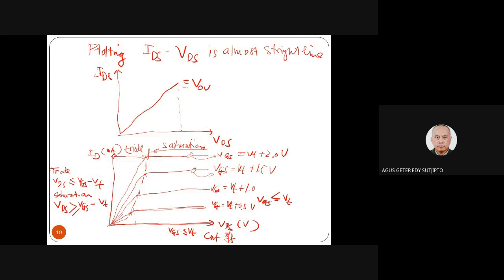Remember, in the BJT or in the FET transistor, we also have the triode mode, saturation mode, and cutoff mode of operation of the transistor. So in saturation mode, ID is related to VOV, the overdrive voltage.